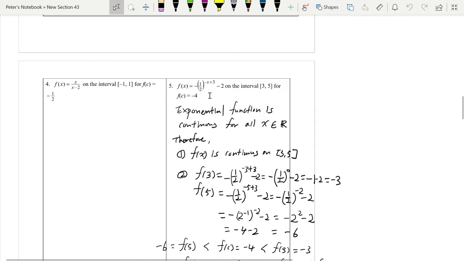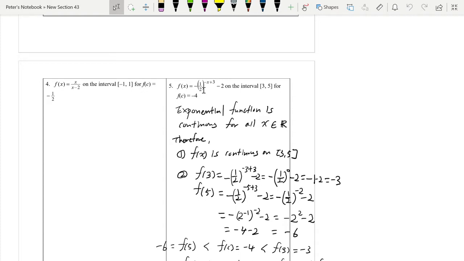But first of all, there are two conditions that need to be satisfied so that we can use the IVT. Let's take a look. First of all, exponential function is continuous for all x in its domain. There are 4 different types of functions that we know are continuous over their domains, meaning no hole, no asymptote, no break.